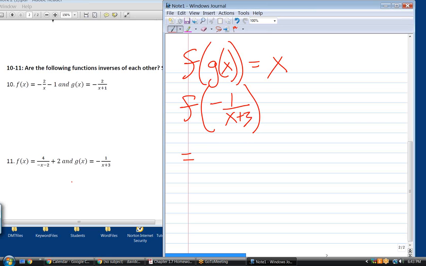So f of x was, let me write that here. 4 over minus x minus 2 plus 2. So when we write that, what are we writing? We would have to do 4 over -1 over x plus 3, minus 2, plus 2.